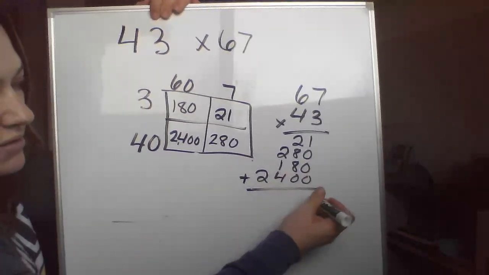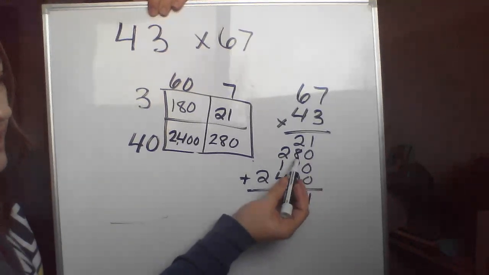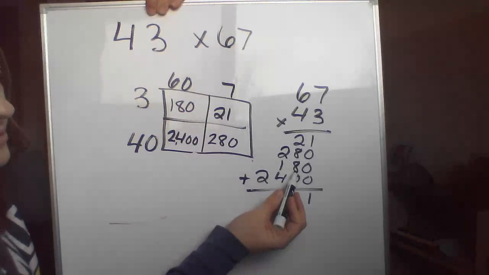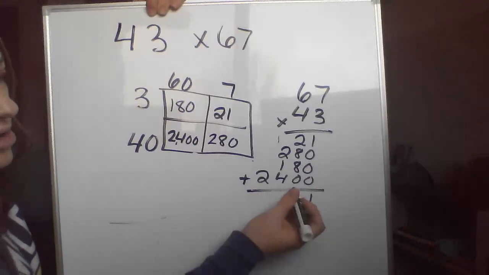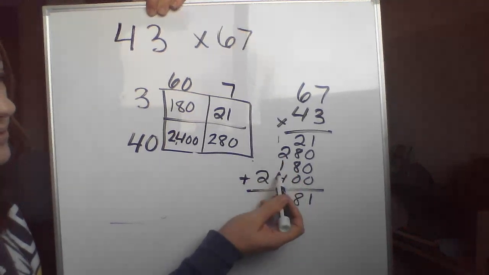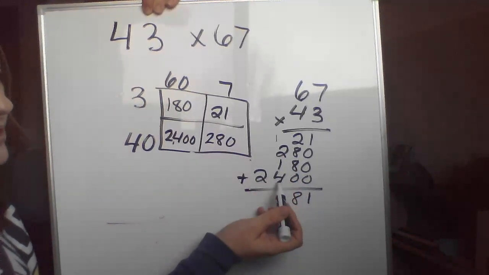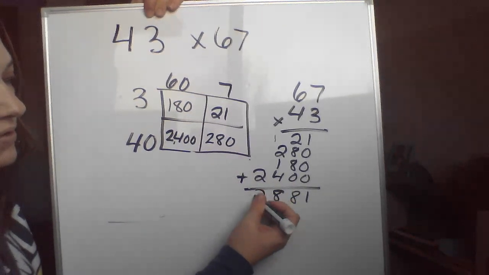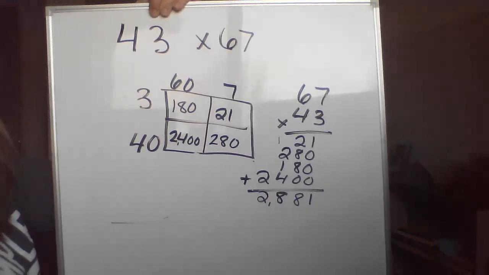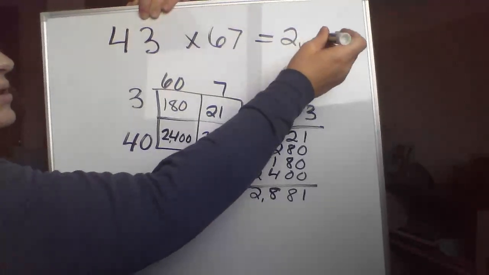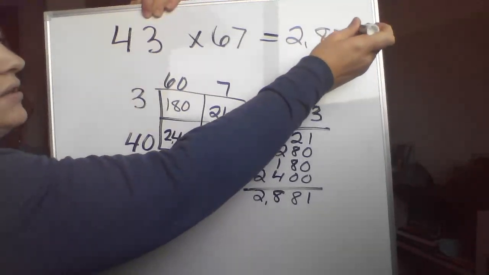So we have 1, 2 plus 8 is 10, plus 8 is 18. Carry our 1, bring down our 8. 2, 3 plus 4 is 7, plus 1 more is 8. And bring down our 2. So our final product is 2,881.